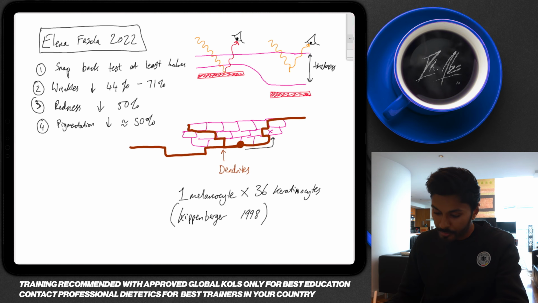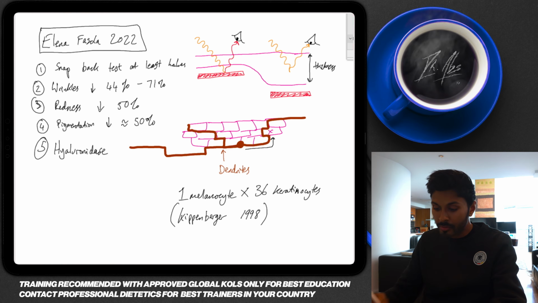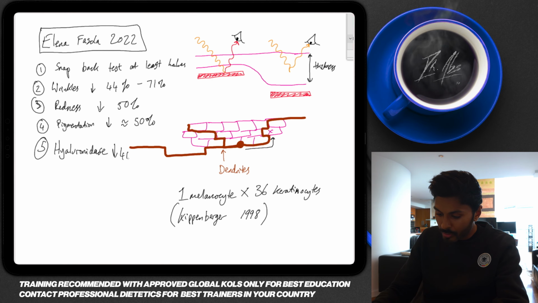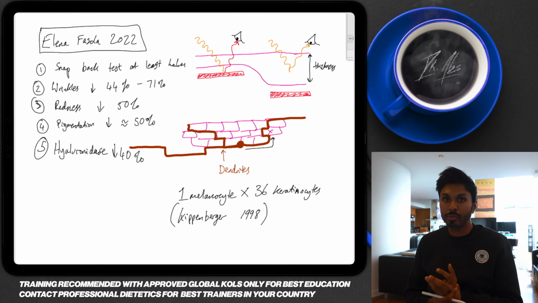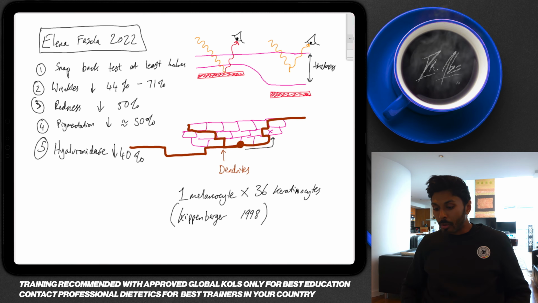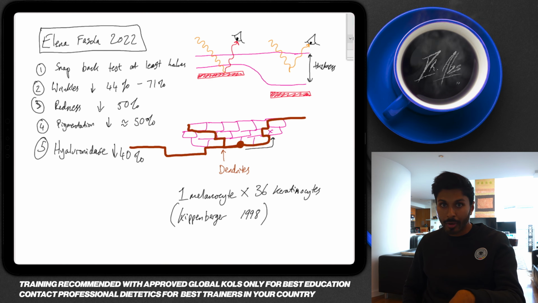But we also know, this is crucial, hyaluronidase activity reduces by 40%, almost half. If you're not medically qualified watching this, hyaluronidase is the enzyme which breaks down hyaluronic acid.